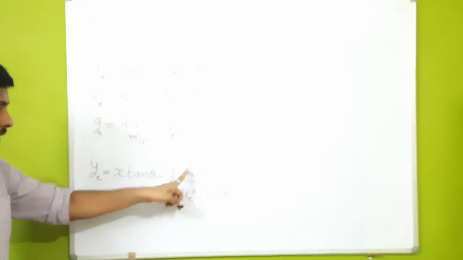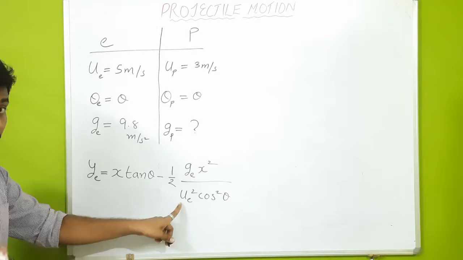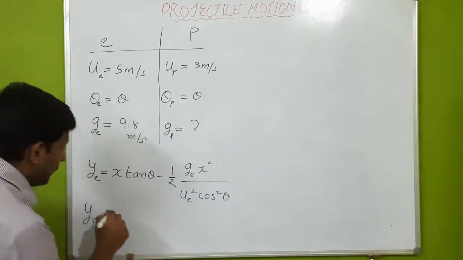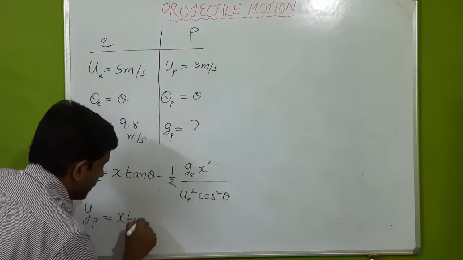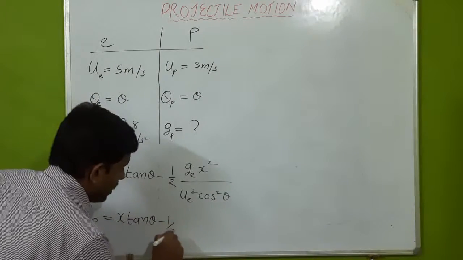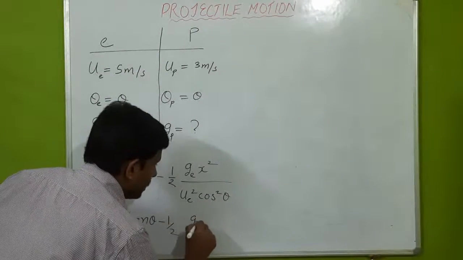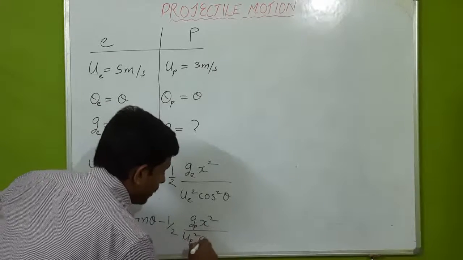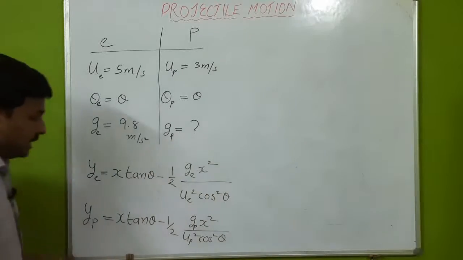This g_e is the acceleration due to gravity in Earth, and u_e is the initial velocity. And the trajectory in the planet can be written as y is equal to x tan theta minus half into g_p into x squared divided by u_p squared cos squared theta.